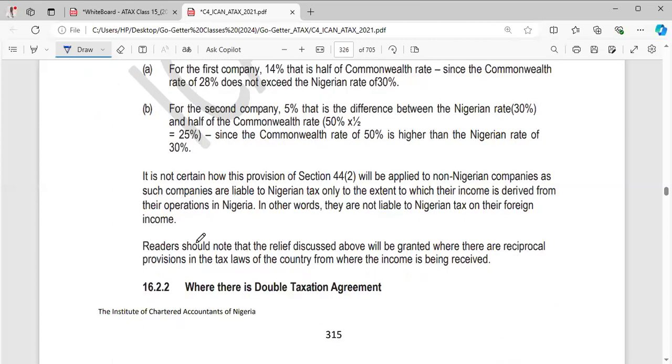Now, readers should note that the relief discussed above will be granted where there are reciprocal provisions in the tax law from the country where the income is derived. That means there must be a reciprocal provision, even though no specific tax agreement has been reached. There is a reciprocal agreement.